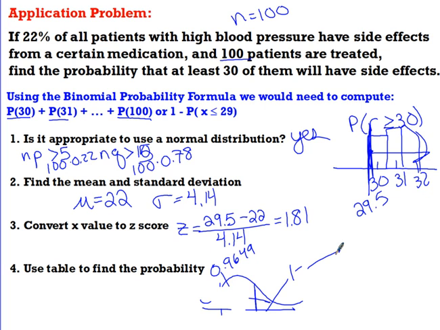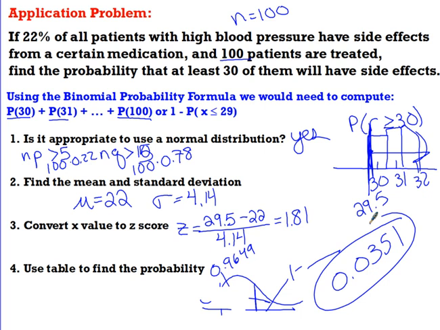So 1 minus 0.9649, okay, I got 0.0351. So there's a 3.5% chance that the side effects show up for at least 30 of those patients.